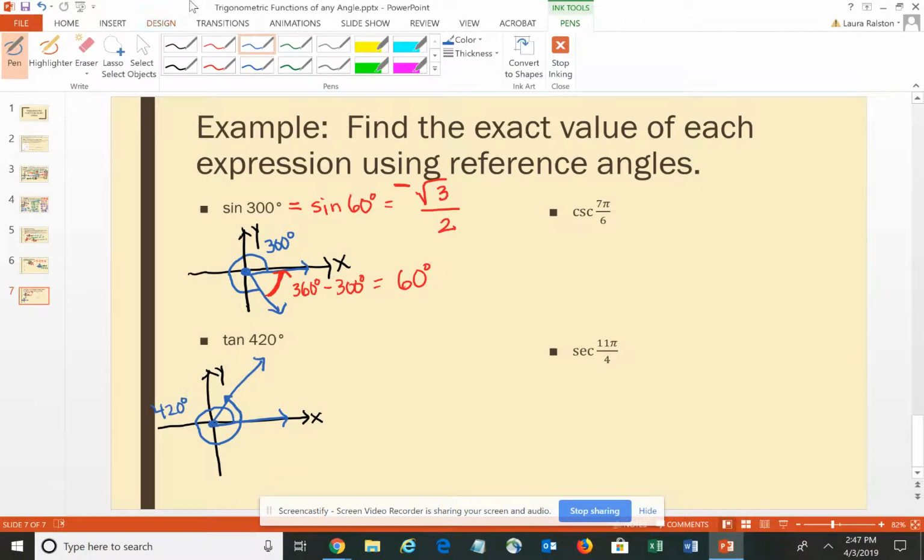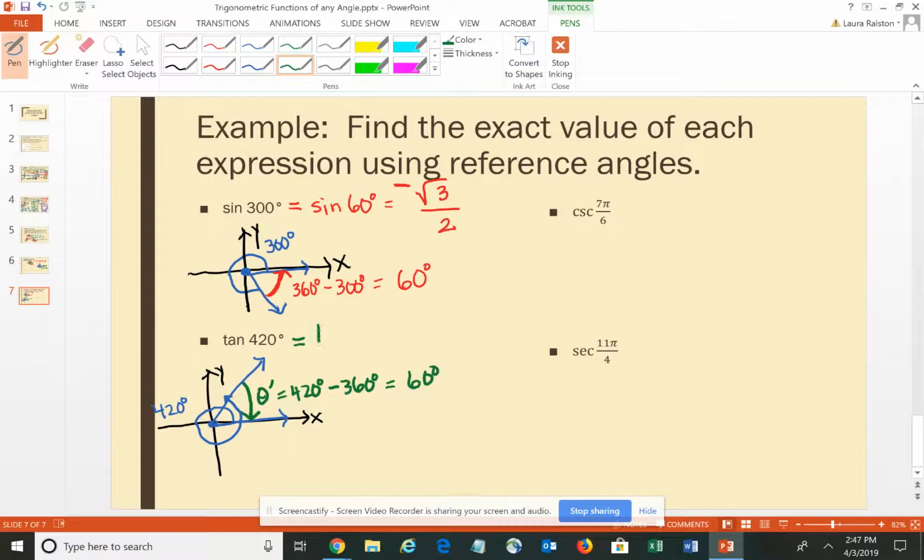So I've rotated past the 360. Between the terminal side and the x-axis, we have our reference angle. So I have 420 degrees minus the full revolution of 360, which gives me a value of 60.